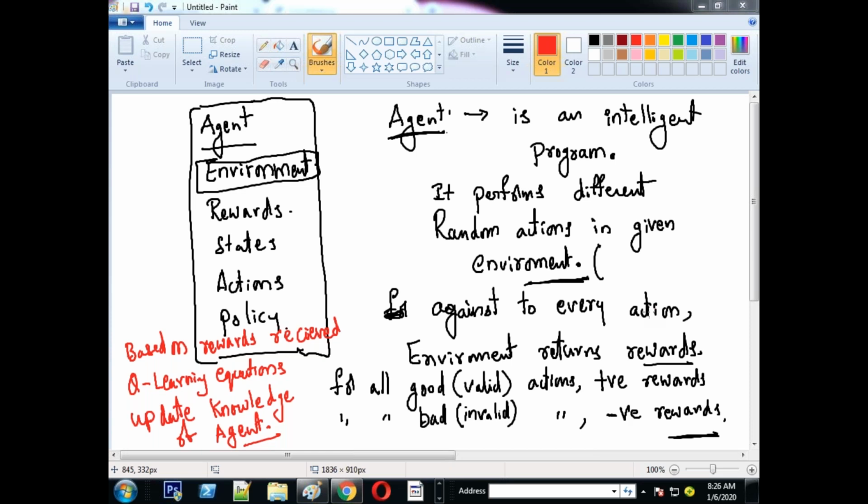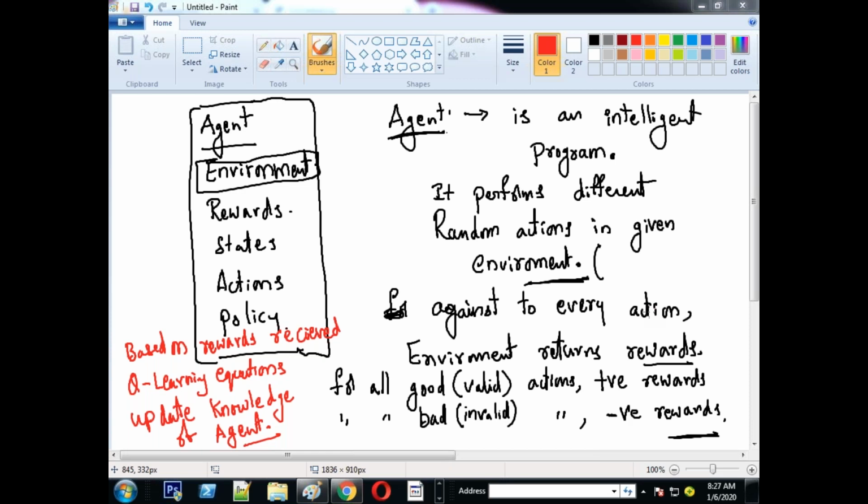Your room is the environment. Environment has rules where dog has to sit, where dog should not sit. Biscuit is reward. Giving biscuit or not, that is reward. Agent is learner. That means dog is learner. 2 days, 3 days, this kind of training is completed. Next onwards, when you show the finger towards the chair, immediately the dog will jump out of the chair because it needs biscuit like that.